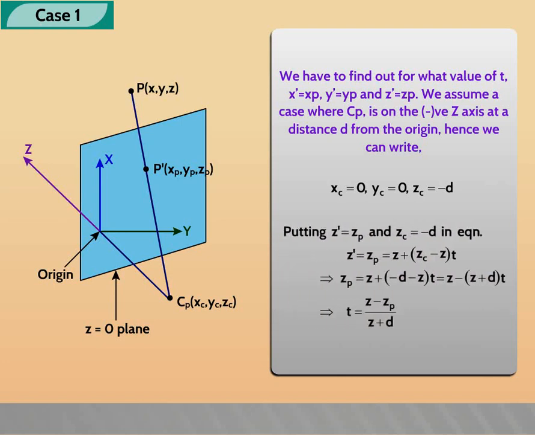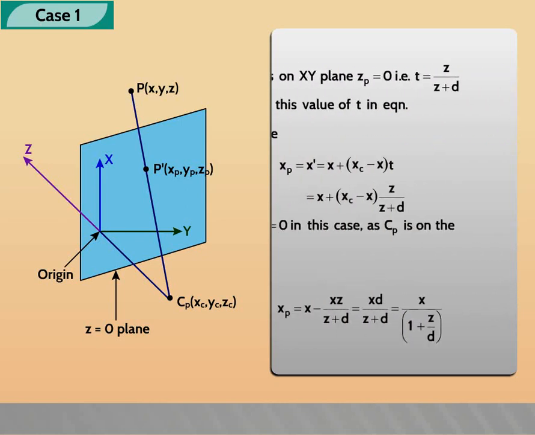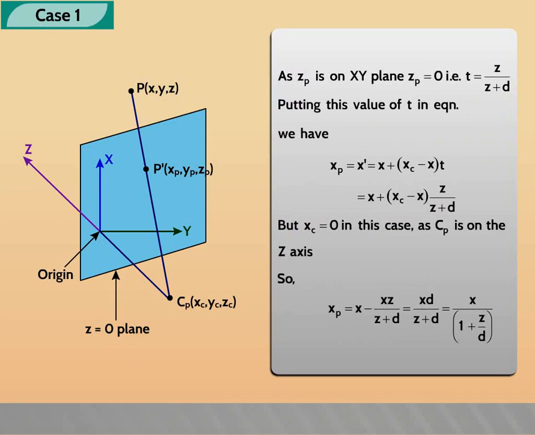Putting z dash is equal to zp and zc is equal to minus d in equation 11, z dash is equal to zp is equal to z plus zc minus z into t, which implies zp is equal to z plus minus d minus z into t is equal to z minus z plus d into t, which implies t is equal to z minus zp by z plus d. As zp is on xy plane, zp is equal to 0, that is, t is equal to z by z plus d.